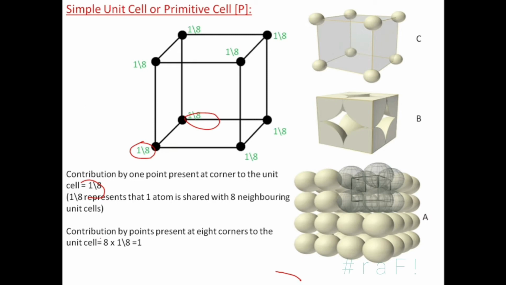This 8 represents the 8 corners of the unit cell, and the contribution of an atom at the corner is 1 by 8. So 8 into 1 by 8 is 1. Hence we can say that each unit cell has one particle or point. Or we can also say, simple unit cell has one particle or one point.